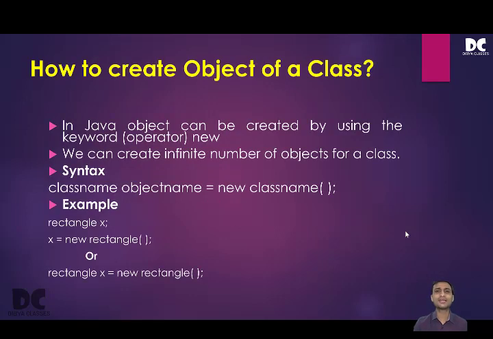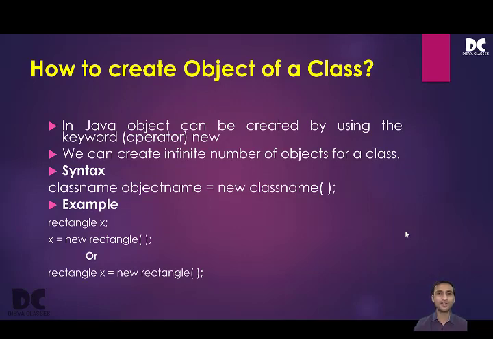So these are the steps to create an object. In Java, an object can be created by using the keyword new. You have already used the new keyword, like in Scanner and BufferedReader. You already know new is both an operator and a keyword which is used to create objects. Actually, we have already created objects for predefined classes like Scanner and BufferedReader. That is, Scanner x = new Scanner(System.in), where x is the object name.